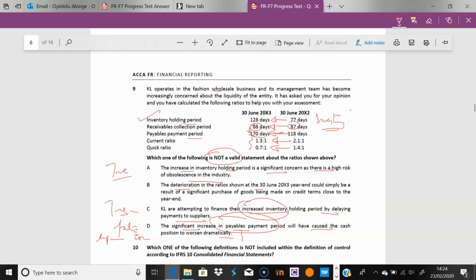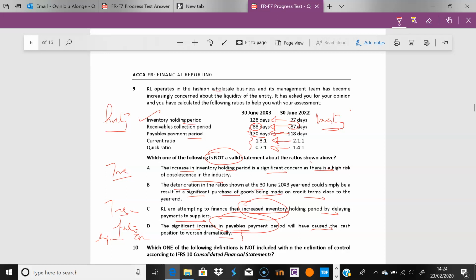The deterioration in the ratios could simply be the result of a significant purchase of goods being made on credit terms. So if you think about what's going on here, you could have just bought a lot of goods, if you like, at the year end. So ultimately, this increases your inventory at year end. They haven't shifted just yet, and you've bought them on credit.